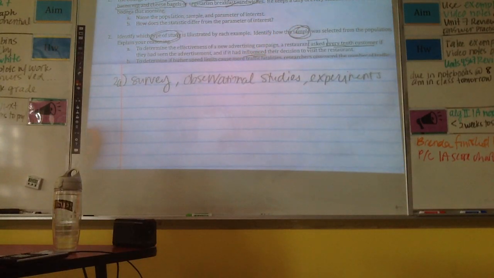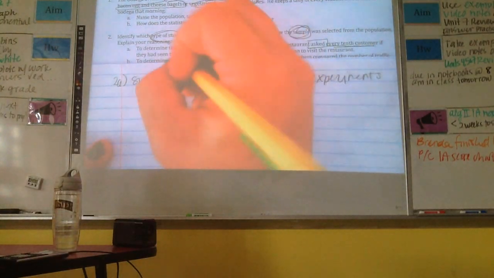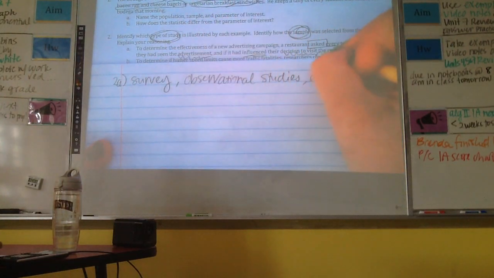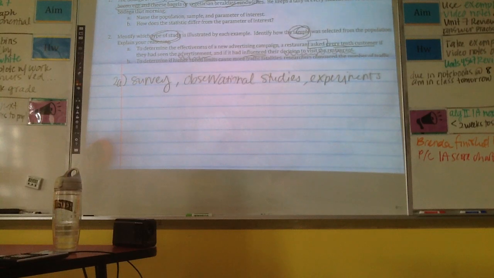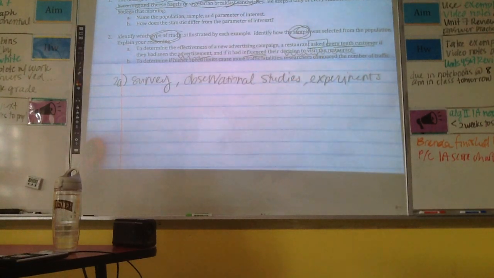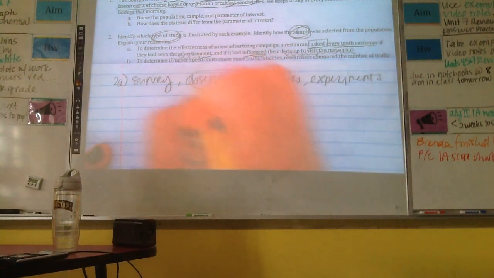They want to see if there's a relationship between the advertisement and a decision to go to the restaurant. Maybe they saw the ad and everyone looked like the food was really good or everyone was having fun. Or maybe they saw the ad and the food looked not that great, but they still decided to come. Maybe there's a relationship, maybe there's not. Since even though they're asking a question to get the data, because they're trying to look for a relationship, this would be an observational study.